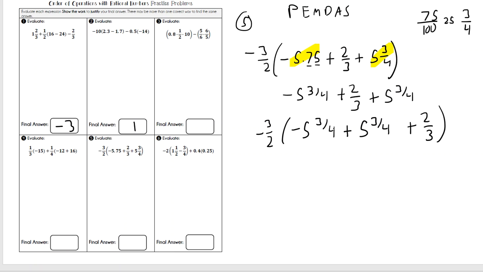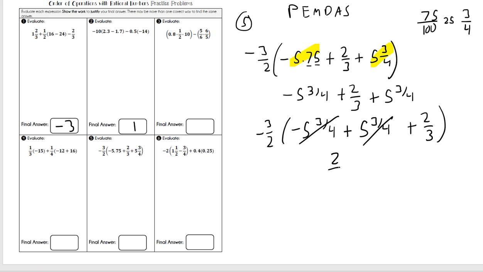Negative 5 3/4 and a positive 5 3/4, when I combine those, that's just going to be a 0. These just cancel each other out. 5 3/4 is actually the additive inverse of negative 5 3/4. It's what makes negative 5 3/4 0.